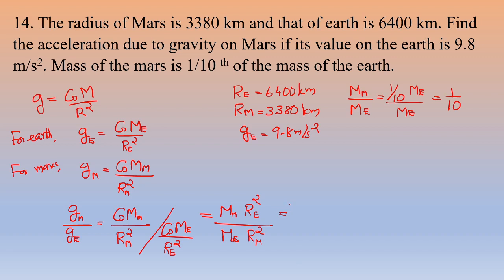The mass of Mars divided by the mass of the Earth is equal to 1/10, and the ratio RE by RM whole square, that is 6,400 divided by 3,380 whole square.